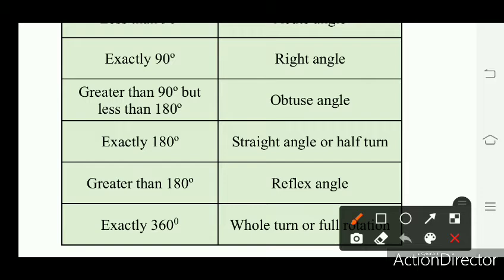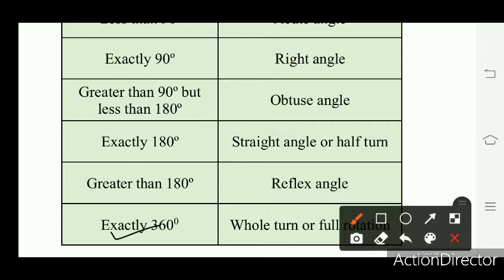Now an angle which is exactly 180 degrees is known as a straight angle, and it is a half turn of the ray. The ray completes its half turn at 180 degrees. Angles greater than 180 degrees are known as reflex angles.